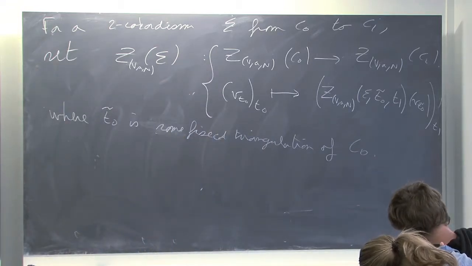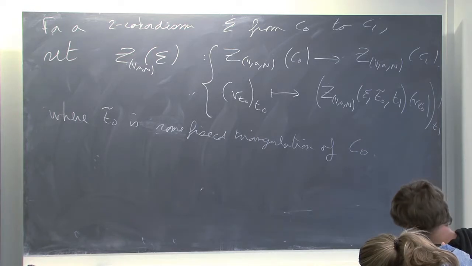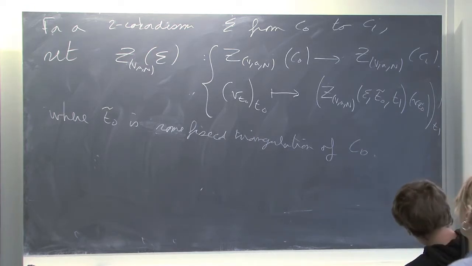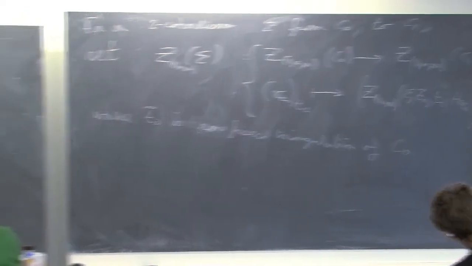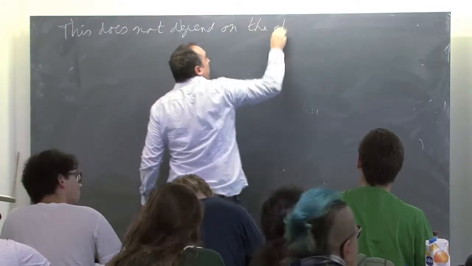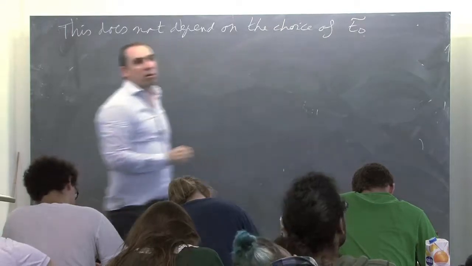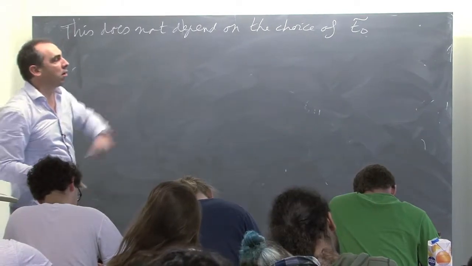And so what do we have? This map does not depend on the choice of T. This does not depend on the choice of the fixed triangulation of the incoming component. Why?